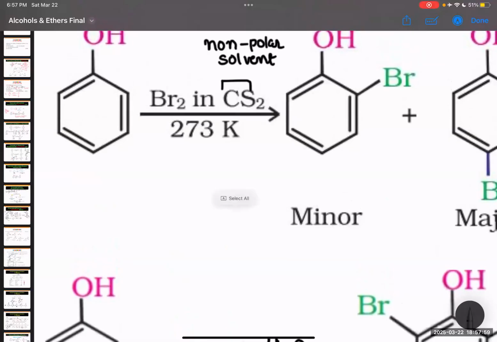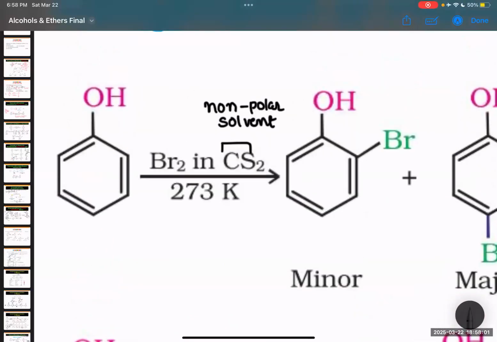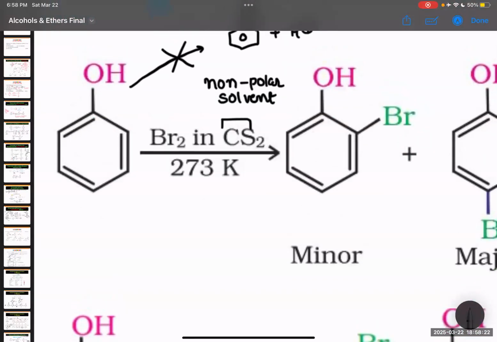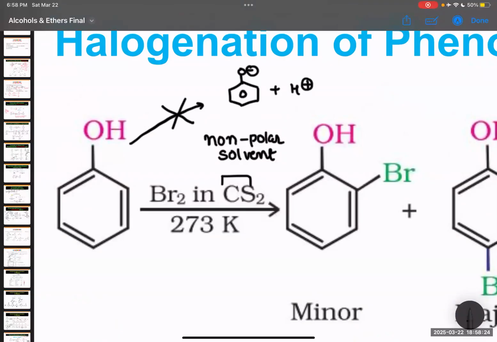This is non-polar. Because it is non-polar, phenol will not ionize. You cannot have this. No phenoxide ion is formed. You just have phenol.